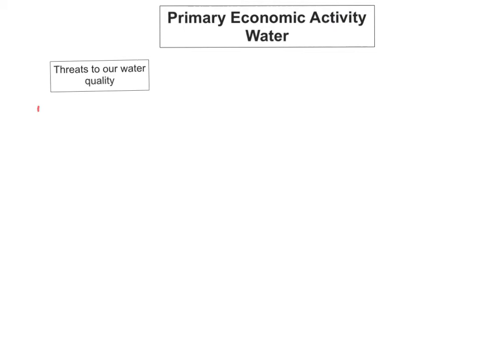So the first one is because of agriculture. So because of farmers. And this is because of fertilizer. Farmers are using lots and lots of different fertilizers now to help their crops grow better and to increase the yield from their land.